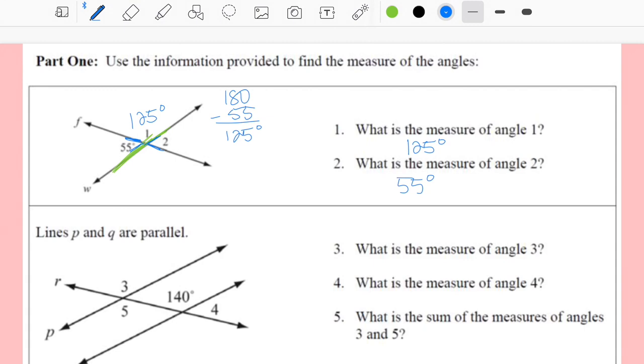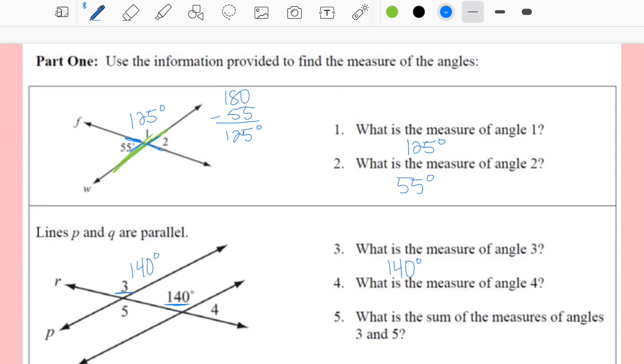For 3, 4, and 5, our measure of angle 3. Remember our angle relationships, and I see that 140 degrees and angle 3 are sitting in the same seat but at a different table, which means they are corresponding angles, and corresponding angles are congruent. So angle 3 needs to be 140 degrees.